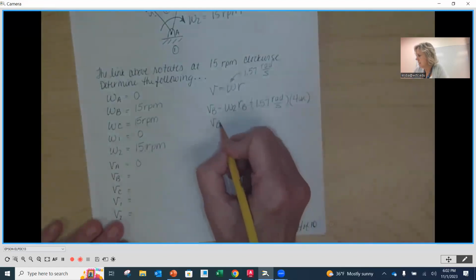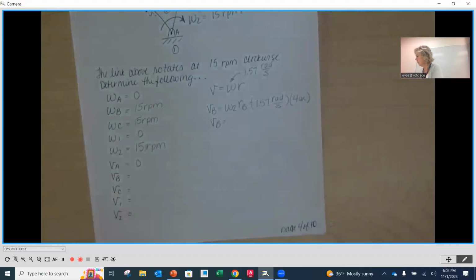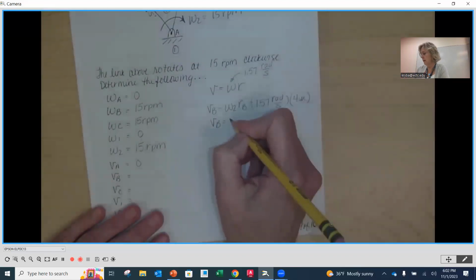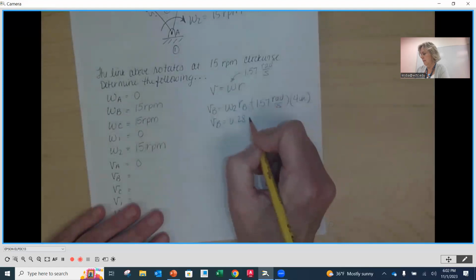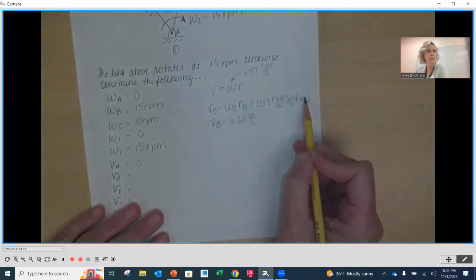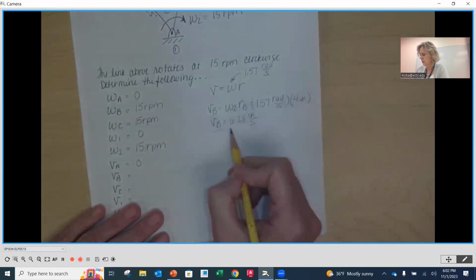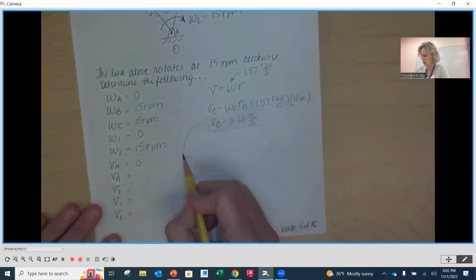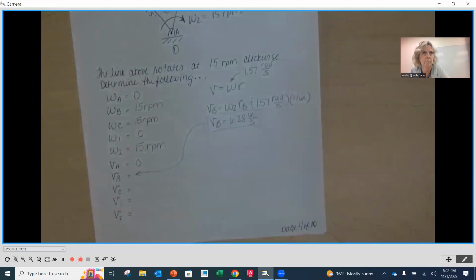So my velocity at B, what did you guys get? 6.28. Yeah, sounds good. And that's going to be inches per second, radians times inches. So here's that number 4 there. Any questions on that one?